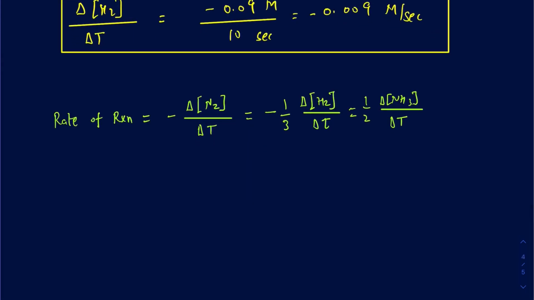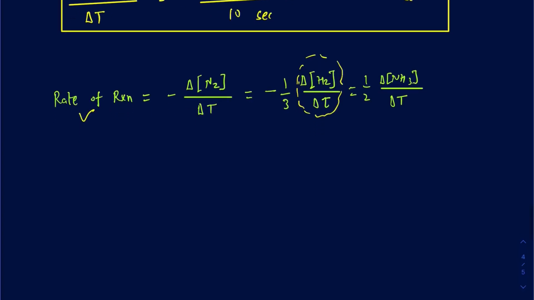I already calculated the rate of the reaction, and I already calculated the rate of disappearance of H2. So what's going to be the rate of disappearance of N2? Well, if I already know the rate of the reaction, which we already calculated, I can relate these 2 terms right there and figure out what the change in the concentration is going to be for the N2 over time.